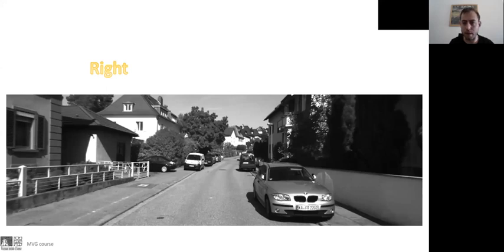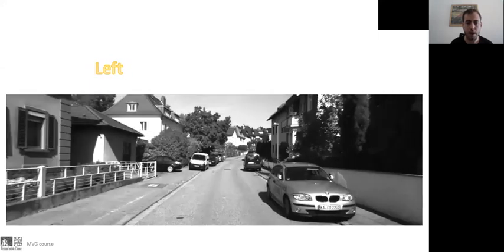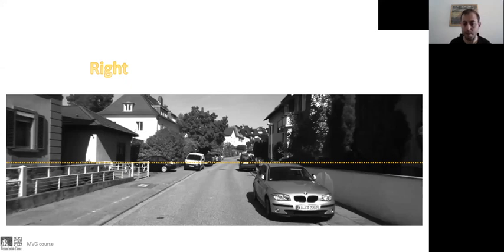Okay, so let's see some real example. Here you can see the right image and the left image taken from the Kitty dataset of driving cars. First note that a line that is parallel to the x-axis is the corresponding epipolar line.